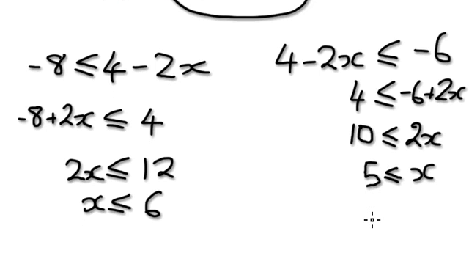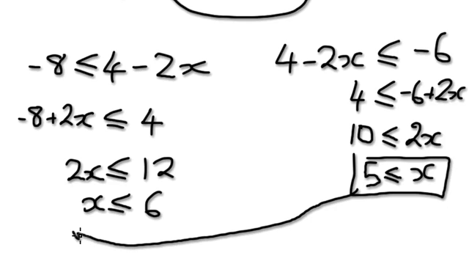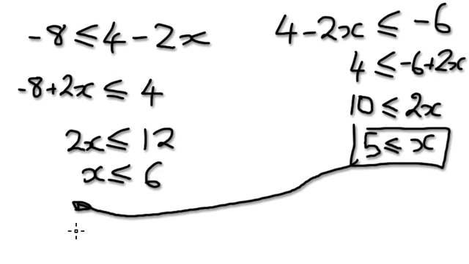Now, looking at this here, if you move this over here, it would look something like this: 5. And then look at this here. This bit here is exactly the same as this here.